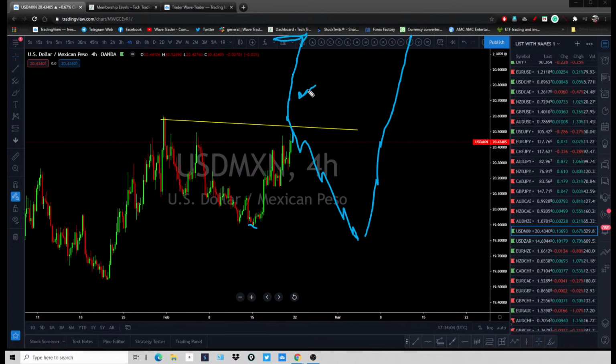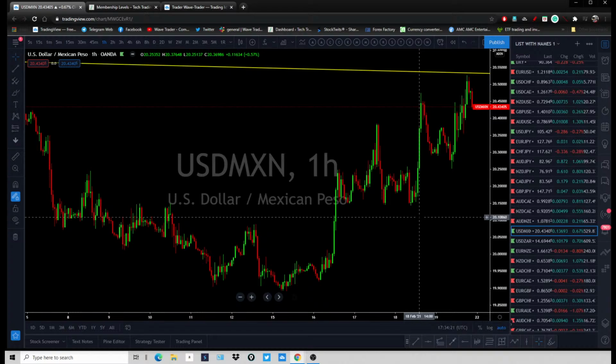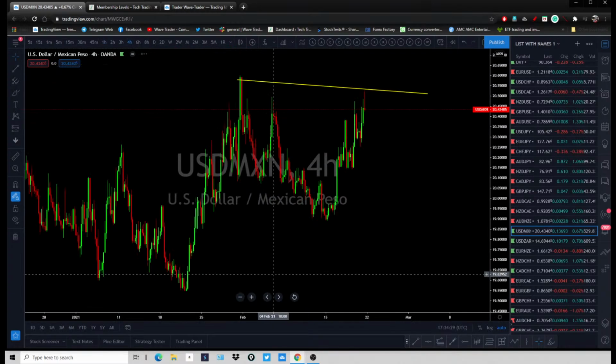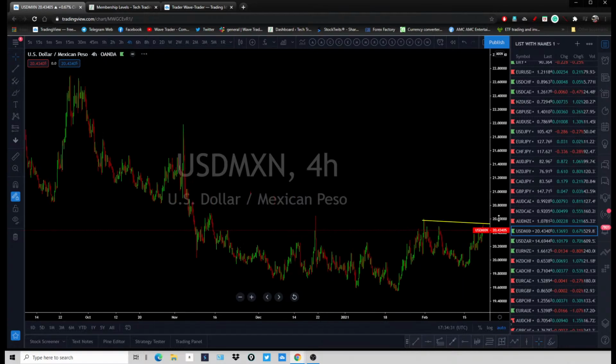For this move at current price, you have to watch lower time frame corrections very closely to buy the dollar against the Mexican peso for more upside. I suggest you let the price fall back to close to 20, and then start looking for buys on the dollar peso.